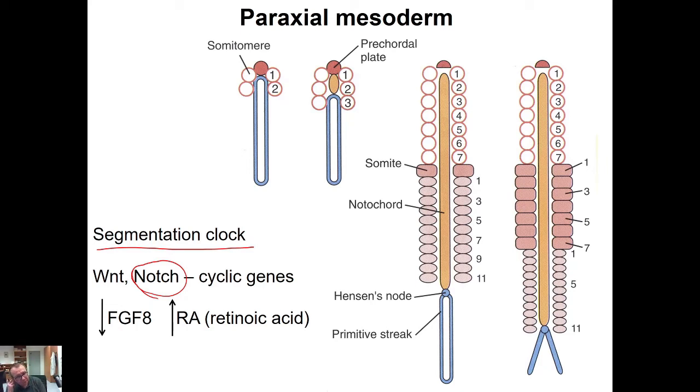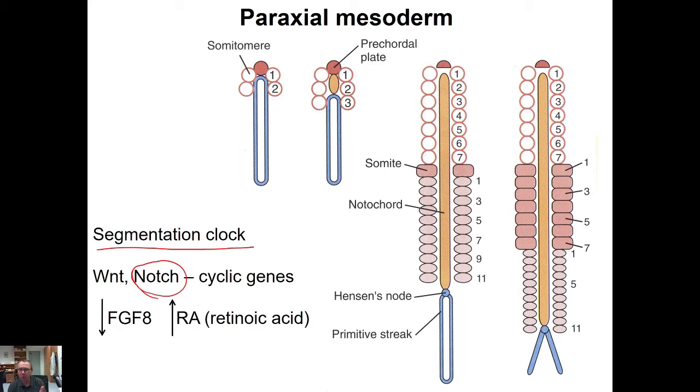The first somites are developing during the 20th day, and then every next day 3 somites are developing. So the clock is very perfect, it's working very regularly, and so we can exactly recognize the age of the embryo between the end of the 3rd week and the end of the 5th week.